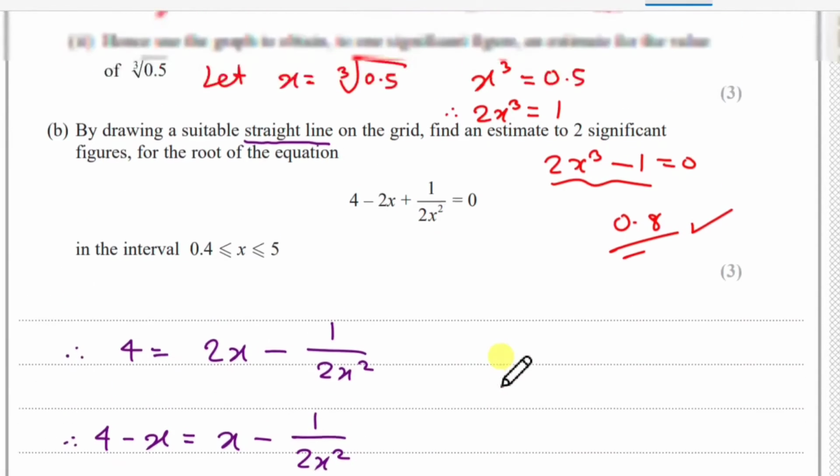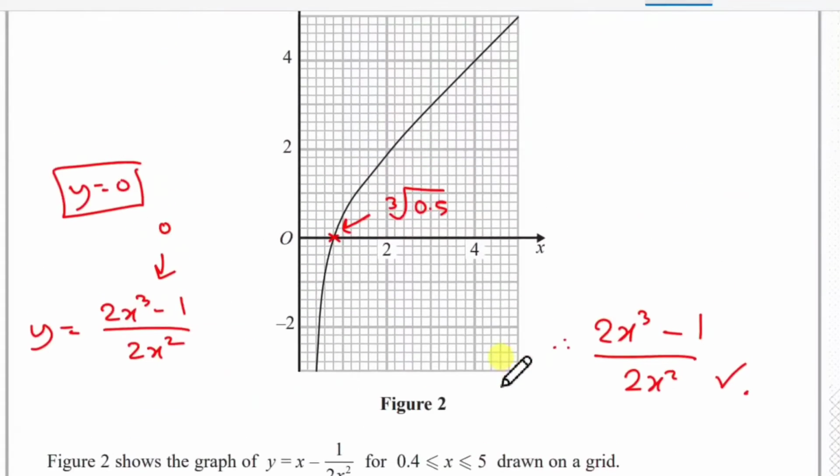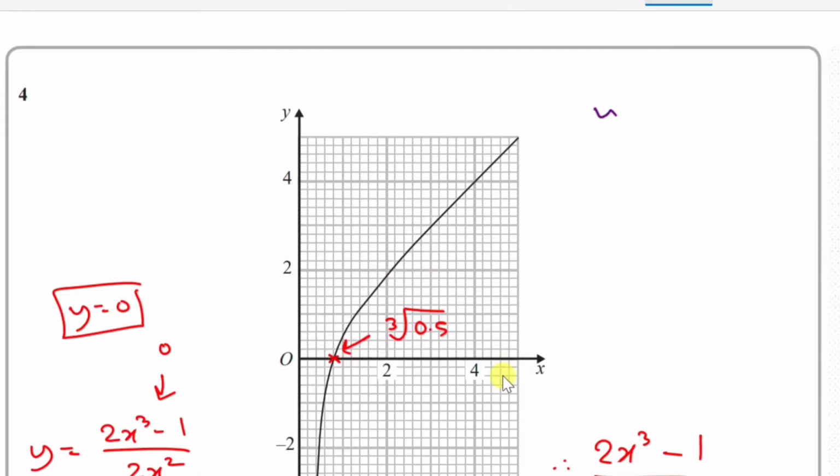So let's go ahead and draw a straight line on this graph now. We've got y equals 4 minus x. Again, if you're not too confident of drawing straight lines, it always helps to draw an xy grid. Let's just pick a value. When x is 0, you plug in 0, you get 4 minus 0 is 4. Let's pick another one.